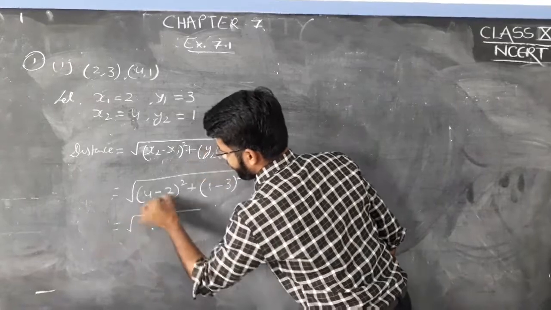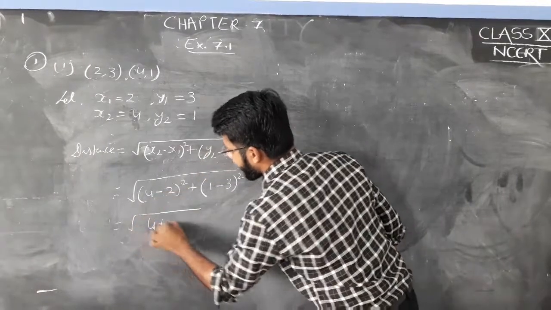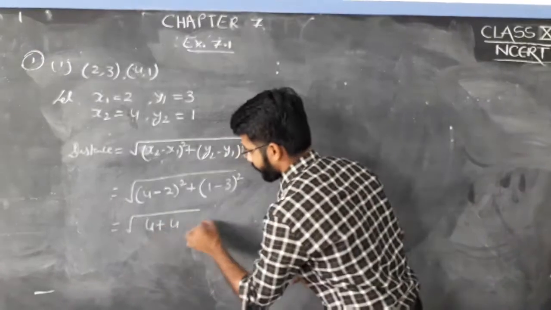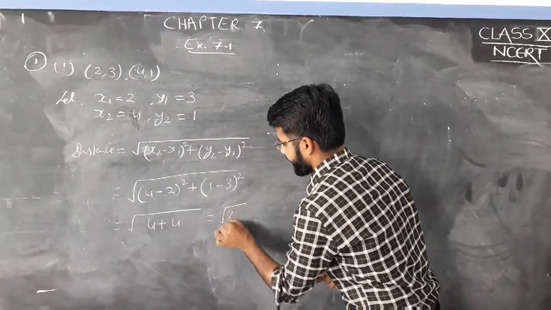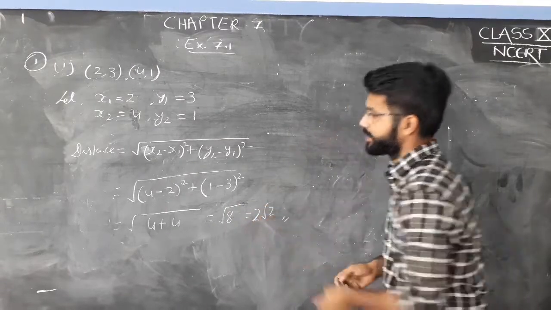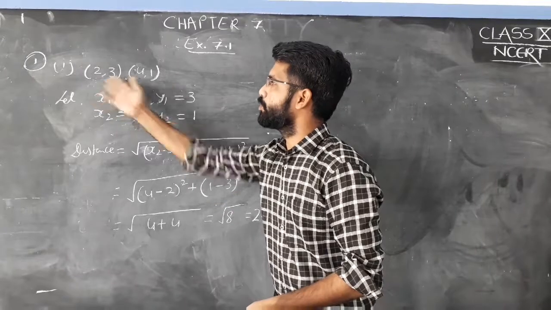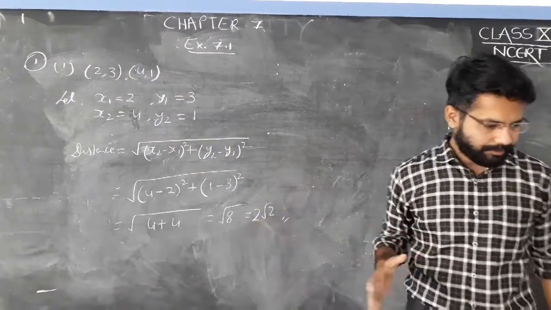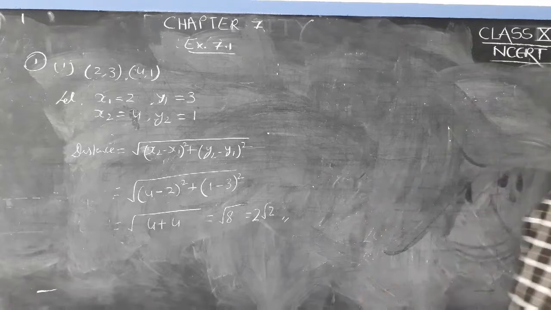So we get 4 minus 2, 2 square is 4, and 1 minus 3 is minus 2, square again is 4. 4 plus 4 becomes 8, and the square root of 8 you know is 2 root 2. The distance between the points 2, 3 and 4, 1 is 2 root 2.